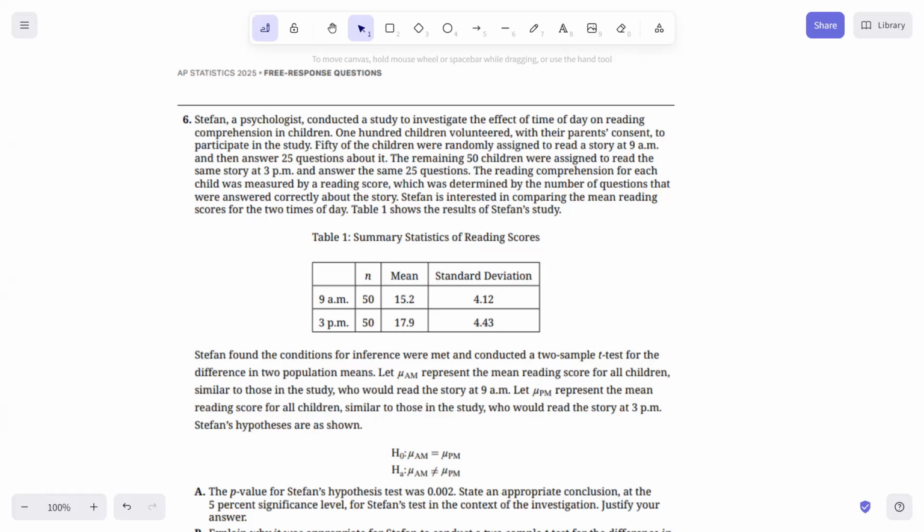And Part C brought in Cohen's D effect size, where you had to compute some calculations here and interpret how meaningful the result was just beyond statistical significance. And then part D wrapped it up with a deeper dive into how variability affects size and practical importance. So let's go ahead and look at some of this.